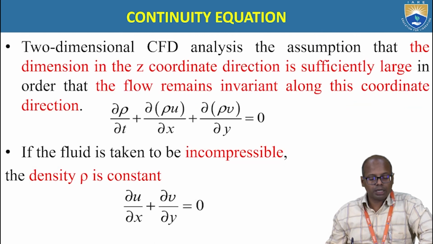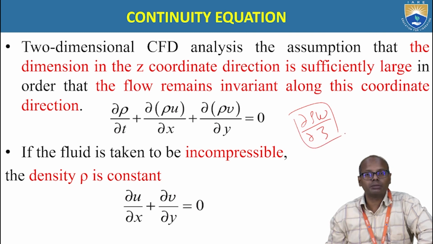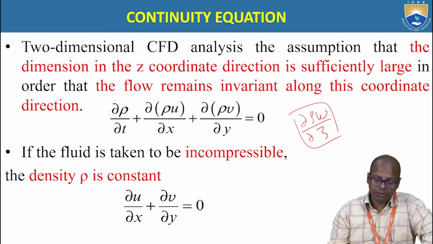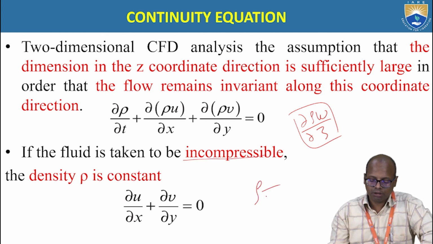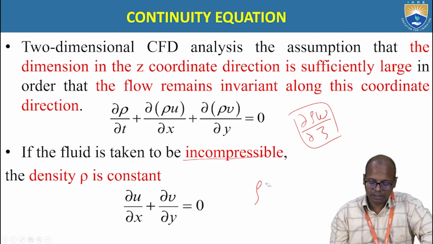If I ask you to make it 2-dimensional, I have to eliminate dou rho w by dou z. If the z direction is eliminated, it is a 2-dimensional equation. If I make it incompressible, density is not a variable, or density is constant.